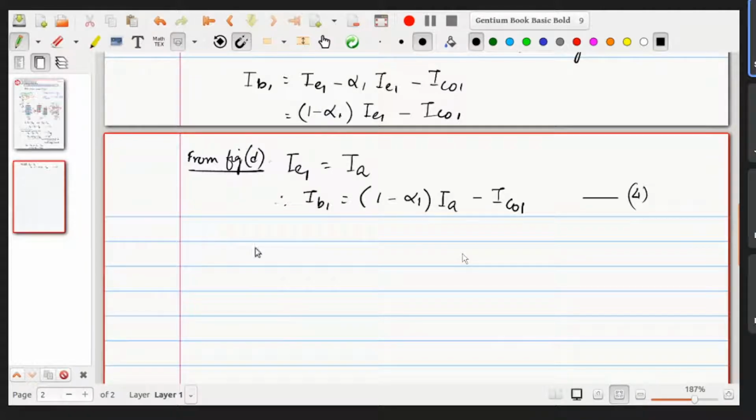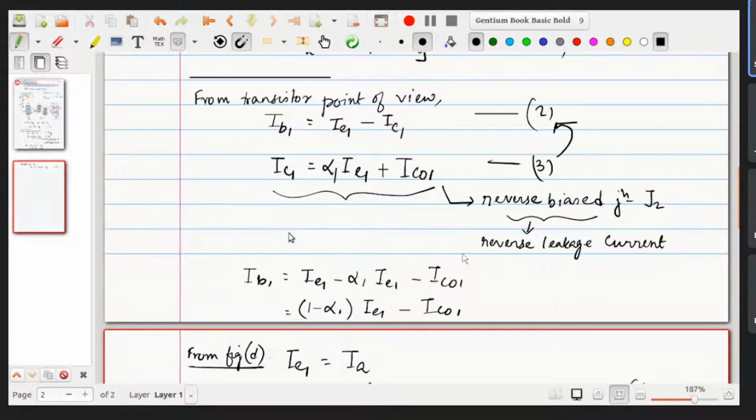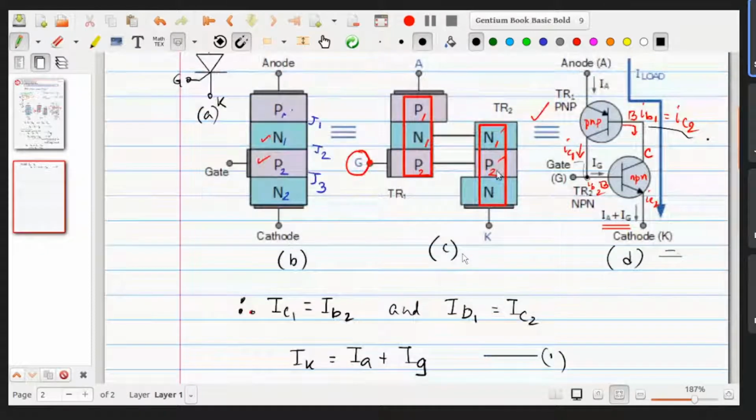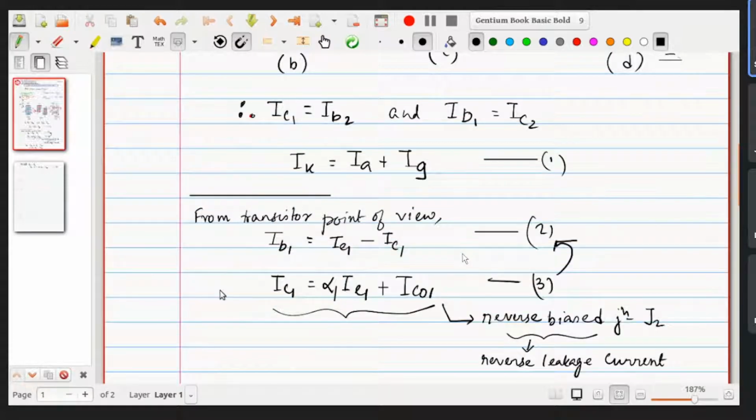And what about this particular value for this collector current IC2? Now this IC2, if you observe, which is coming over here, in the same way like we have represented over here this IC1, IC2 is going to be alpha 2 IE2 plus ICO2.